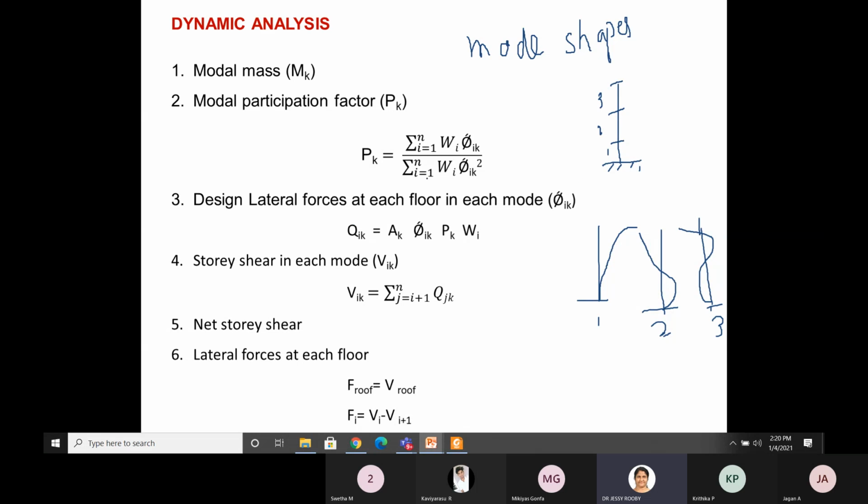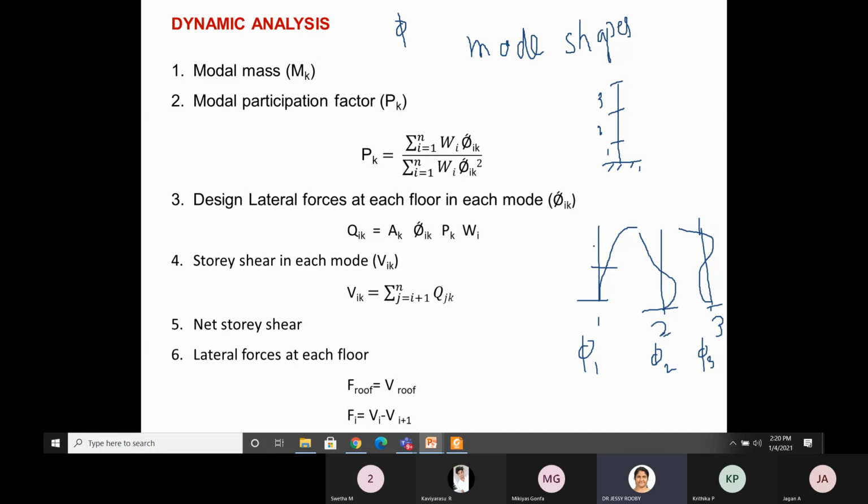So that is what I have written here: the participation factor, or the mode shape factor, phi ik. This phi represents the mode. This is the first mode, this is the second mode, phi 2, similarly phi 3.